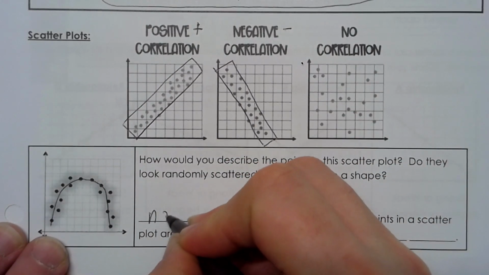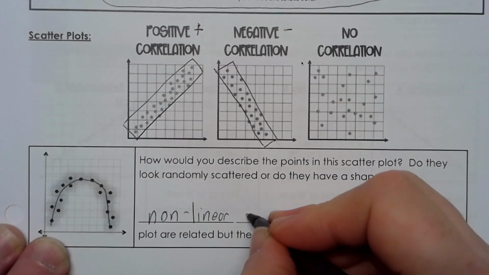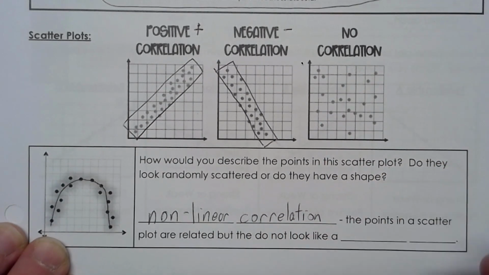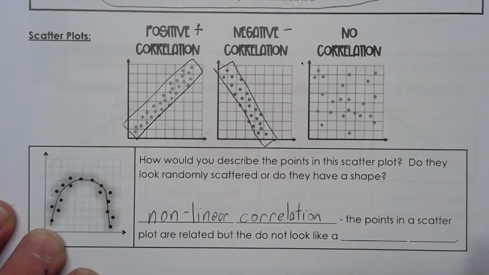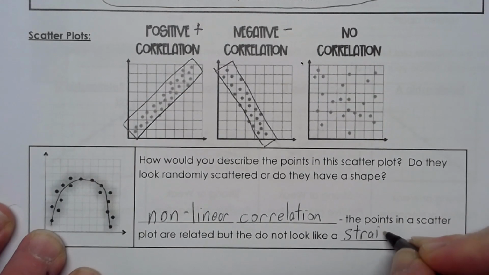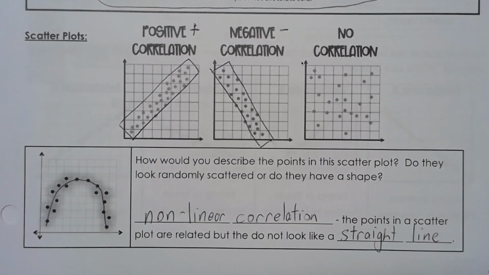This is called a non-linear correlation. Right. The points in the scatter plot are related, but they do not look like a straight line. So pause the video, take these notes, and we're going to move forward.